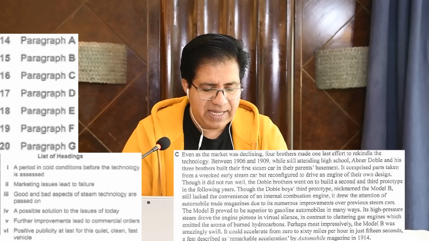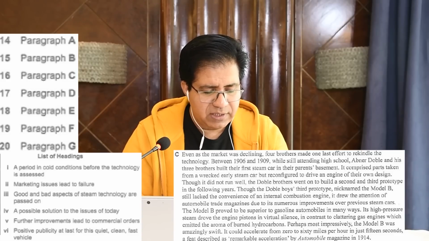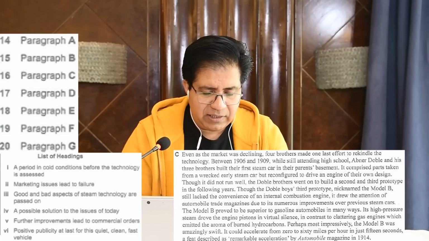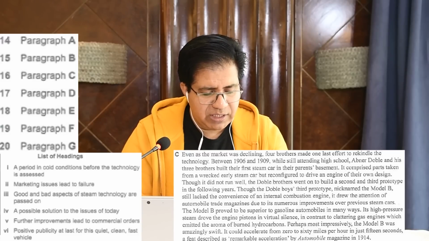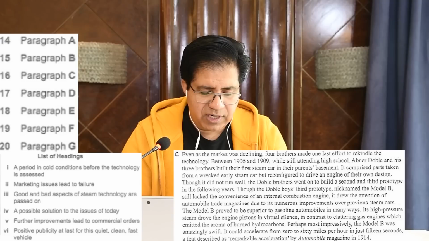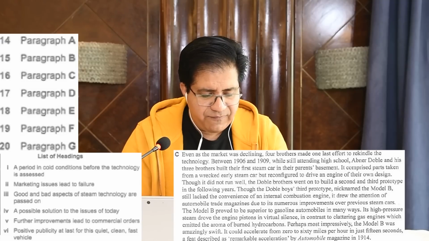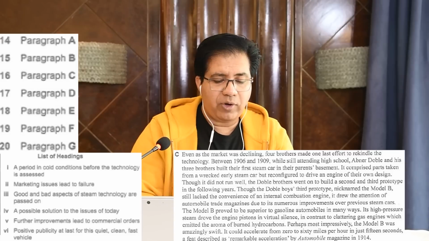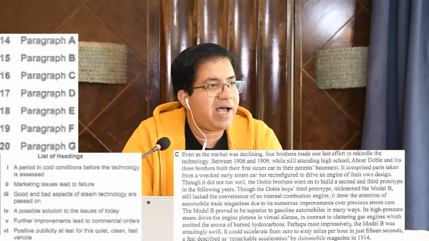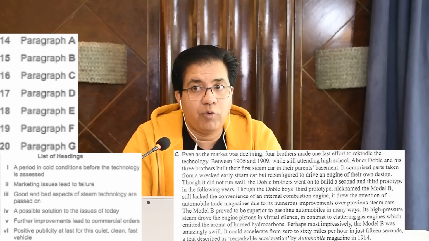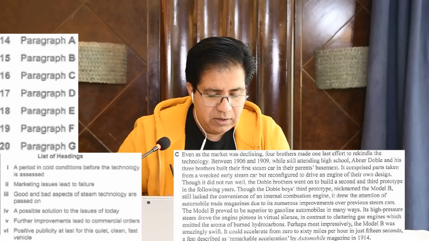Silence, virtual silence. What is the word for clean? Emitted the aroma of burned hydrocarbons. Yes, swift is for fast. So find a word for clean. Its high pressure steam drove the engine and pistons in contrast to clattering gas engines which emitted aroma. Okay, so in contrast means it did not give any aroma, right? Okay.